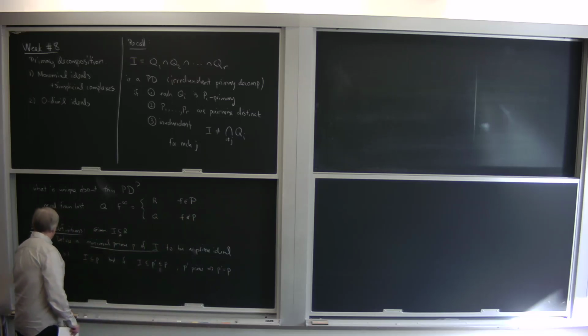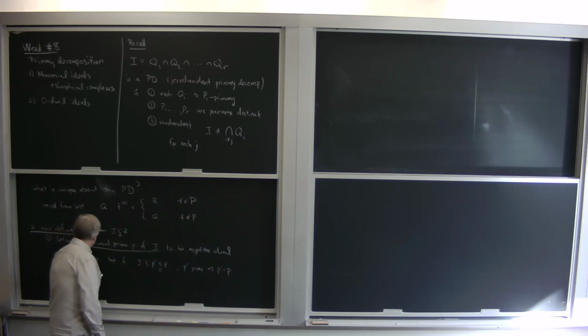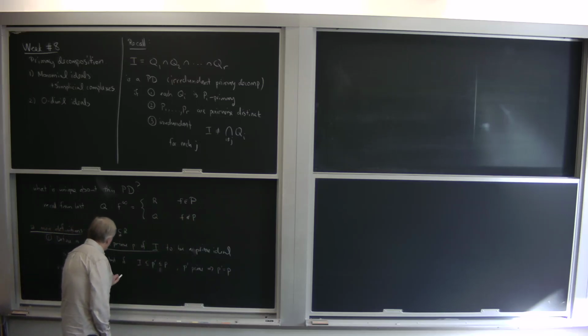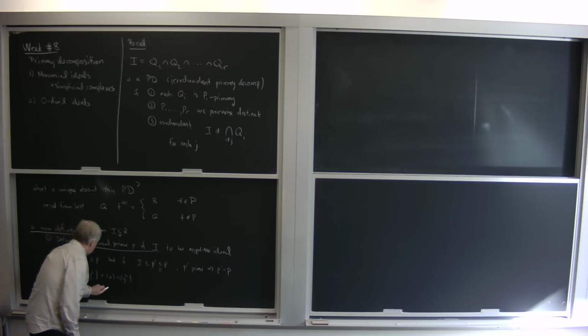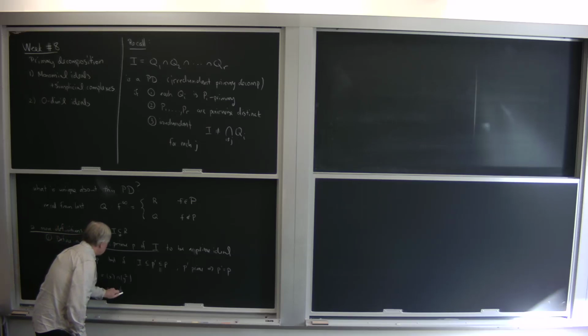So, e.g., if I take I equal to x times y squared, that's equal to the ideal x intersect the ideal y squared, and the ideal x and the ideal y are both minimal primes.